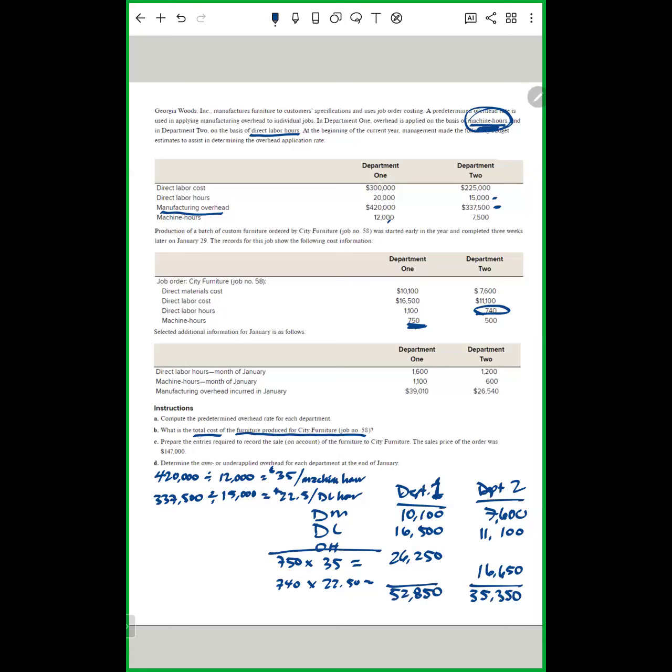But the problem says total cost. So in order to get total cost, we need to add these two together. All right, so 35,350 plus the 52,850, and I get 88,200 is total cost.